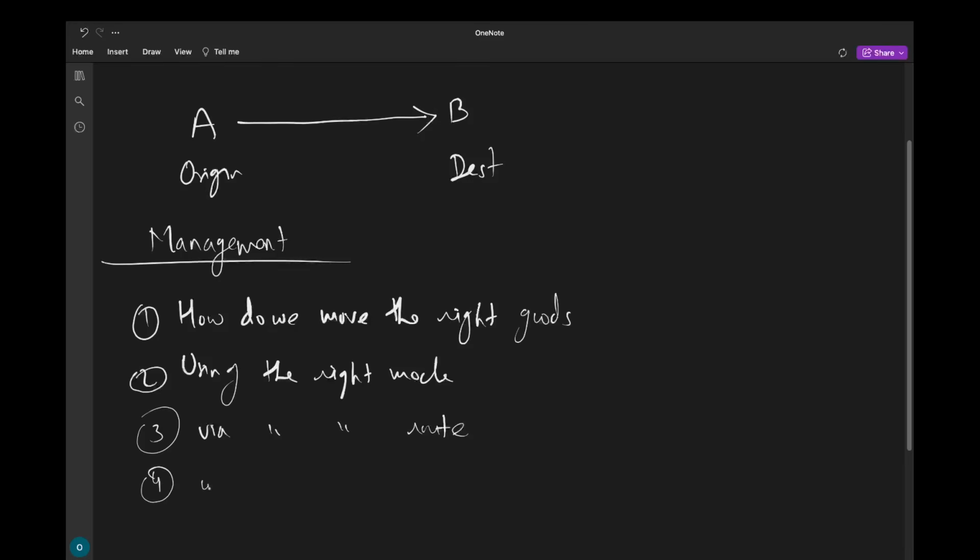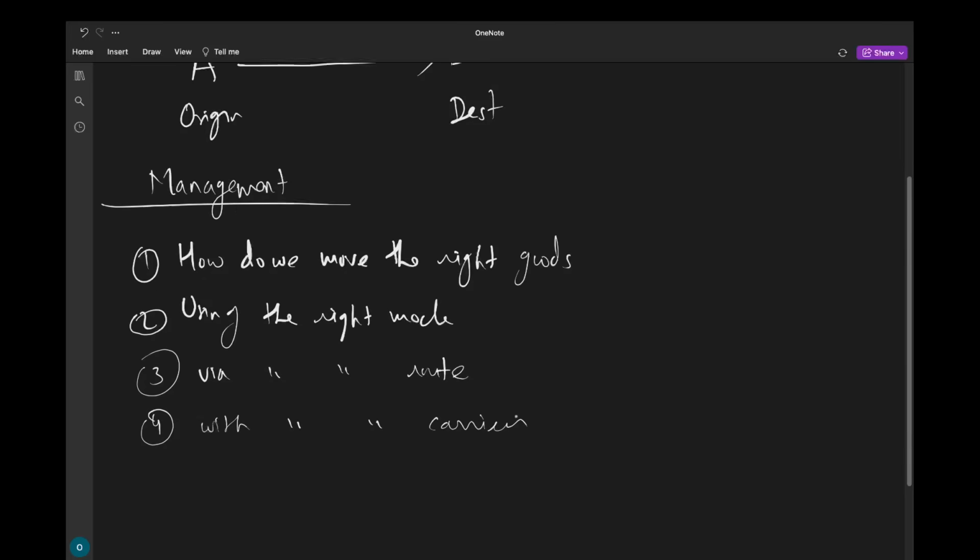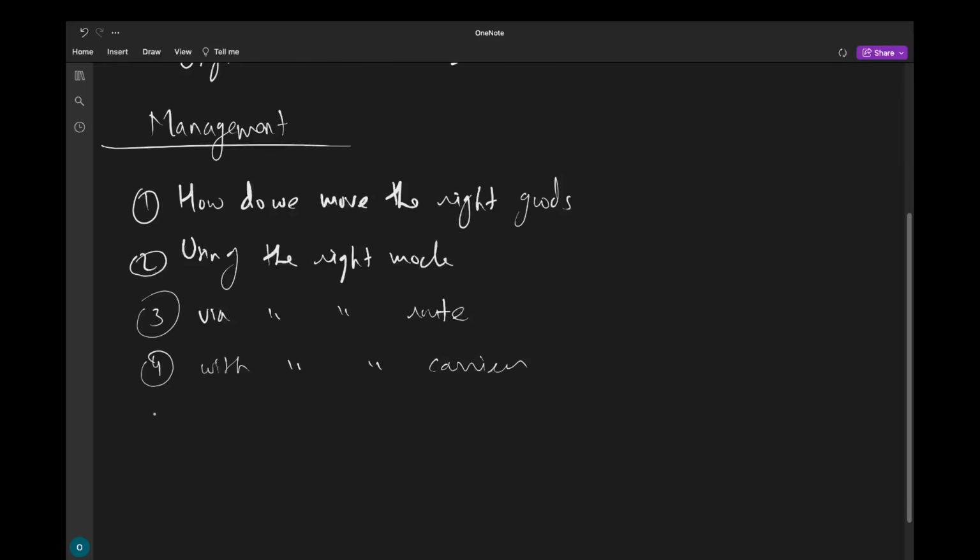Fourth, with the right carrier. Fifth, at the right time and at the right cost.